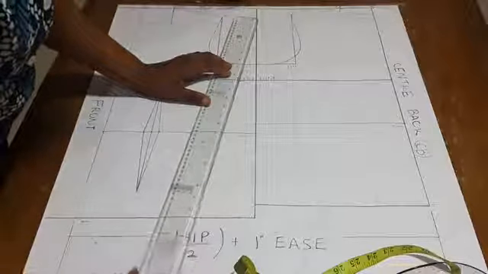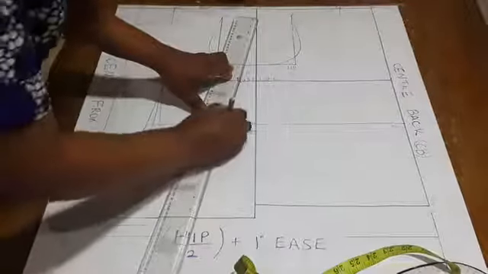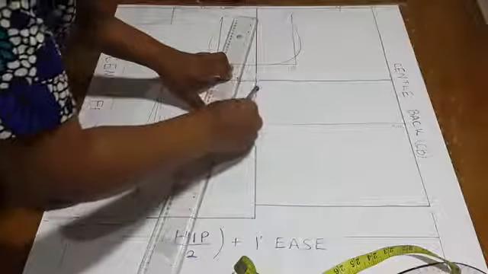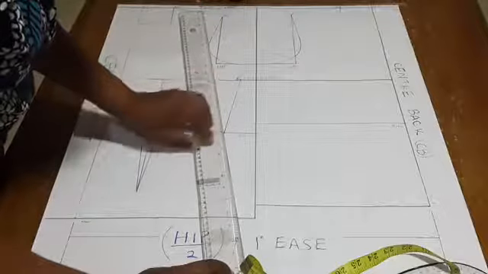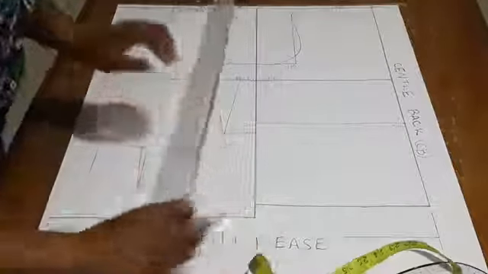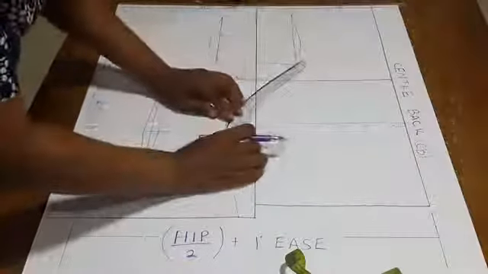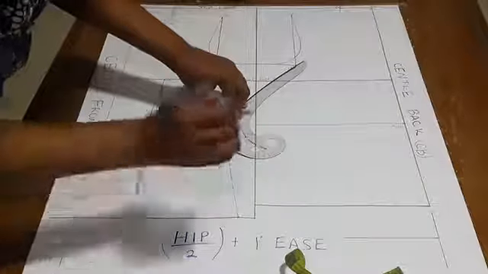I connect all my points, my circumference. You can either use a straight line or you can use a curve ruler to get this point. So I will bring in my curve ruler, to blend in the sharp points there.